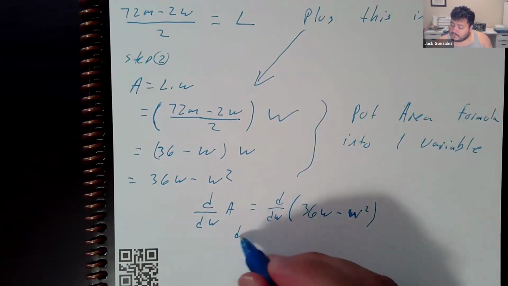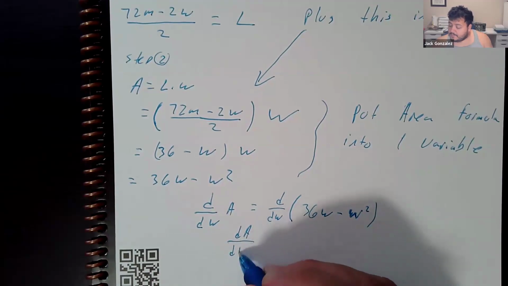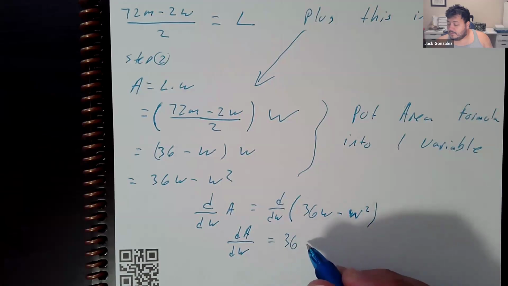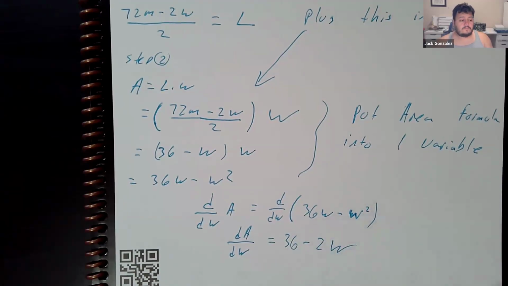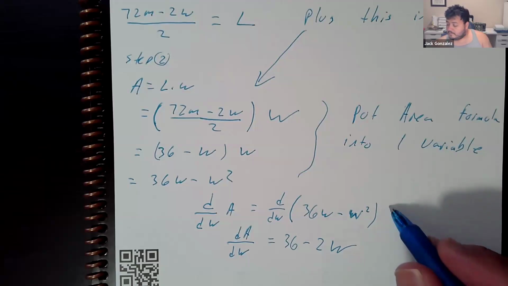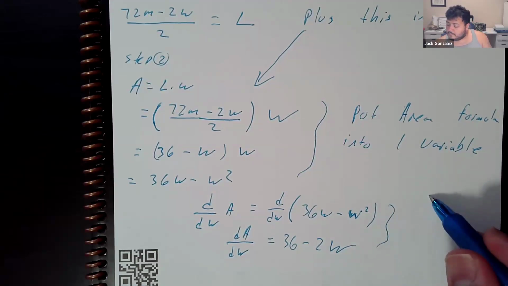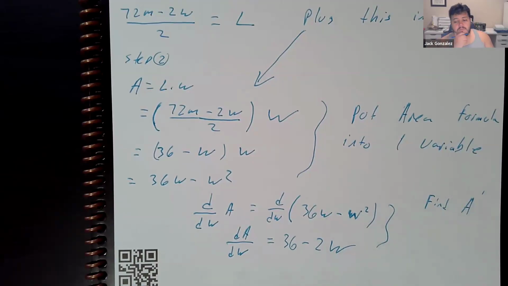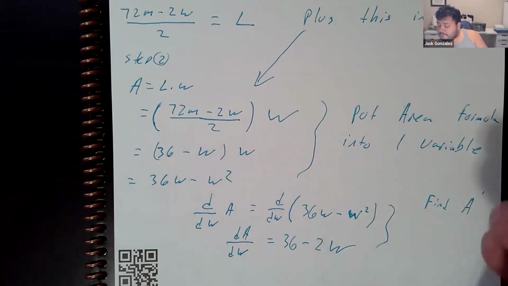That means that dA/dW is equal to 36 minus 2W. So find A prime. Any question with the derivative step?